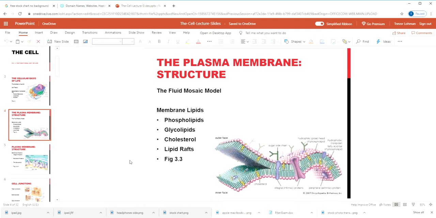This slide is specifically talking about the lipids of the plasma membrane. So the most common in terms of number and mass would be the phospholipids. So in this picture, the phospholipids are these little pink spheres with 2 green tails. Now, phospholipids are really what defines the way the plasma membrane works.